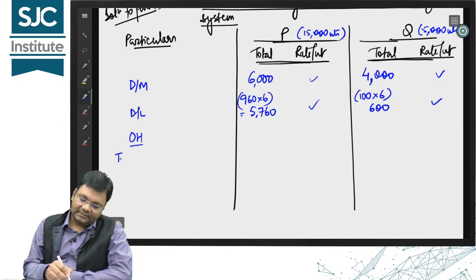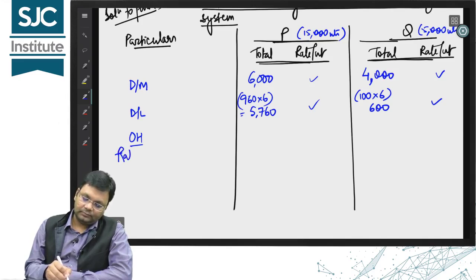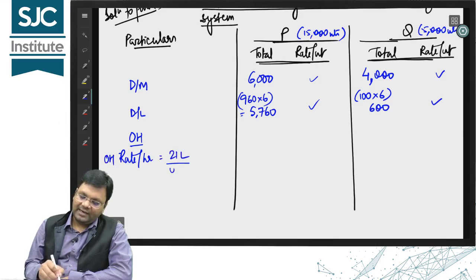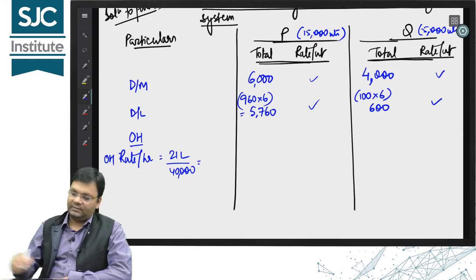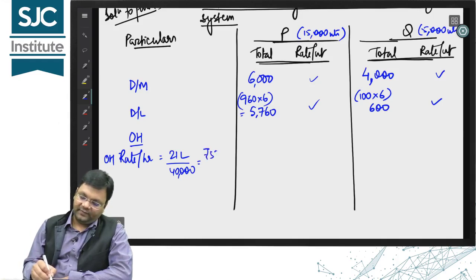For overheads, first we need the overhead rate. The overhead rate per hour is 21 lakh by 40,000, which is 52.5 per labor hour.